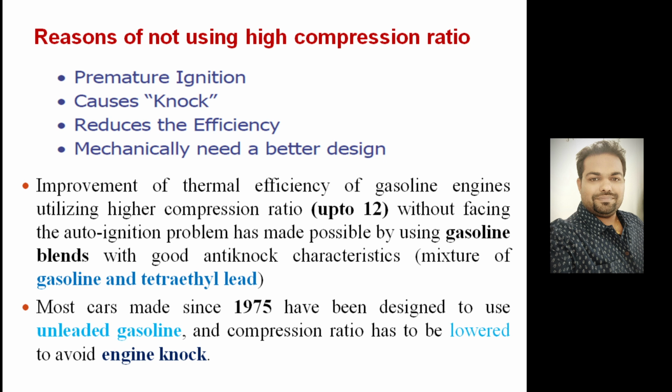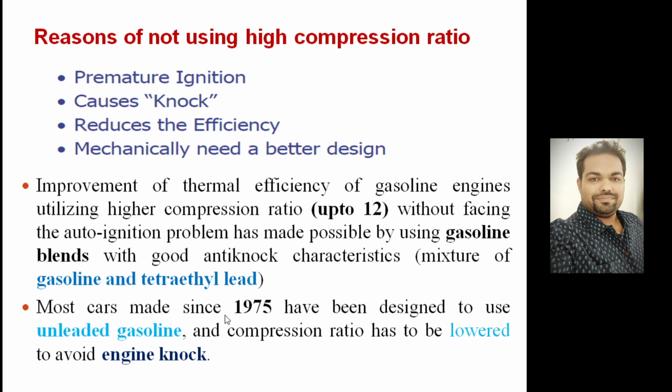But if you want to improve the thermal efficiency of the engine with high performance, meaning a high compression ratio, you can go up to a compression ratio of 12 if you are using gasoline blends with good anti-knock characteristics. But gasoline is slightly costlier compared to petrol. That's why in ordinary vehicles we do not go for a very high compression ratio. The range is typically between 8 and 10.